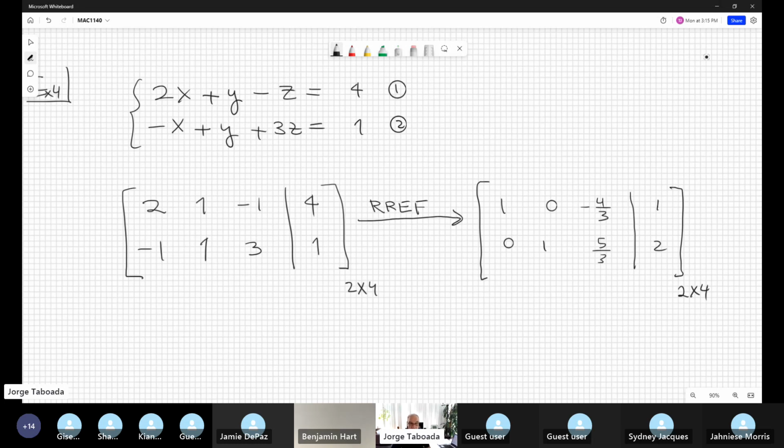This column corresponds with x, this column with y, this column with z, and this is the right hand side. And you see something weird, the famous identity matrix of dimension 2 here. So this is I2.